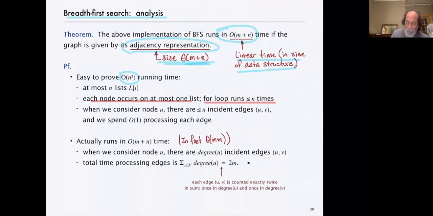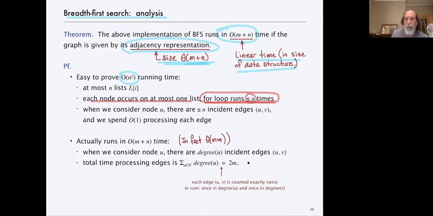So the total number of times the body of that outer for loop executes is at most n, once for each node. And then if you consider the inner loop, for each node v, we have to look at all of its edges to see which ones are not explored yet and have to be in level I plus 1. There are at most n of those. So together this is clearly an upper bound of n squared.